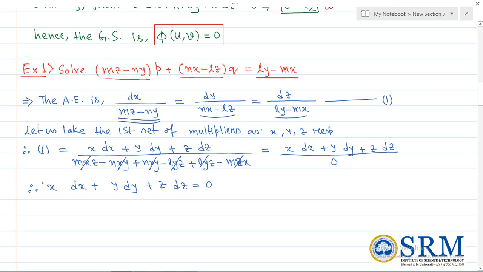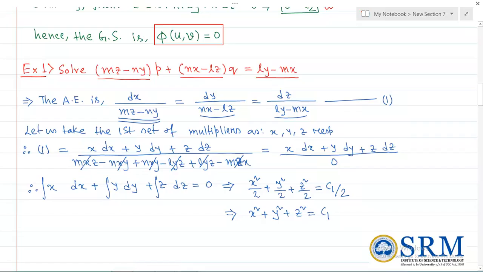So if we just integrate it, simple integration, everyone can do this. So this is going to be x square by 2 plus y square by 2 plus z square by 2, that is equal to some constant c1 by 2. Therefore we have the first solution, that is x square plus y square plus z square equal to c1.